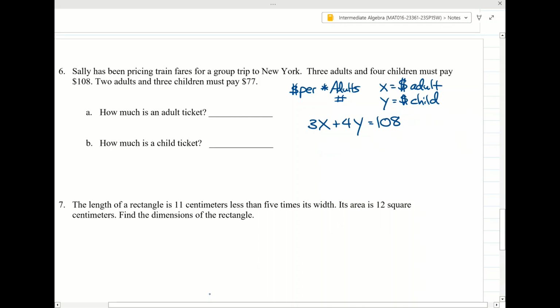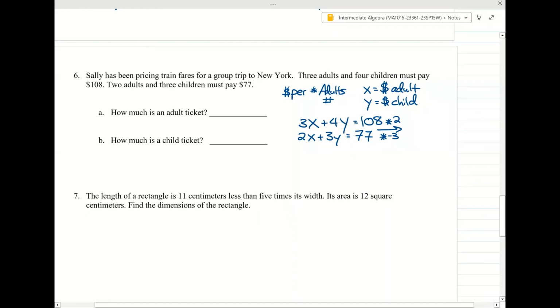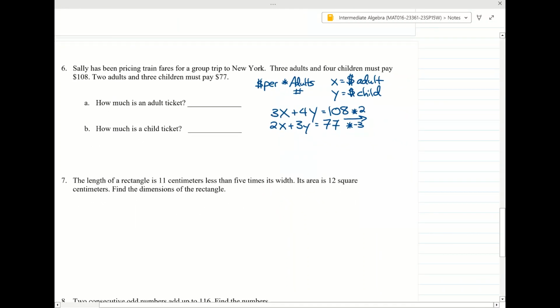2 adults and 3 children pay $77. We have elimination. We've seen this before. I'm going to eliminate the x's, meaning I'll multiply the top by 2 and the bottom by -3 to get +6 and a -6.